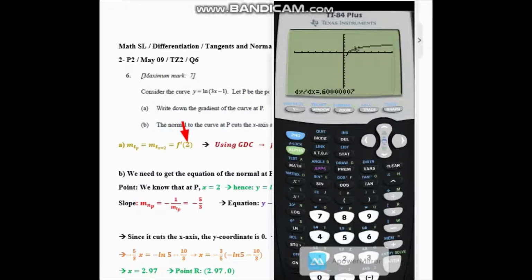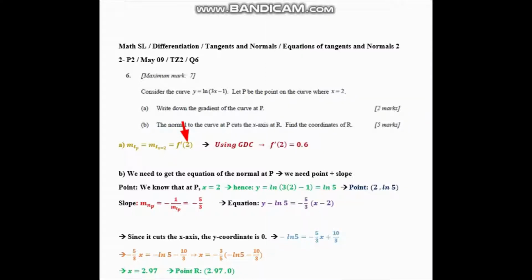And like we said before, if we have a lot of zeros and a number at the end, we just ignore this. This is a machine error. Hence, my slope at x equals 2 is 0.6.